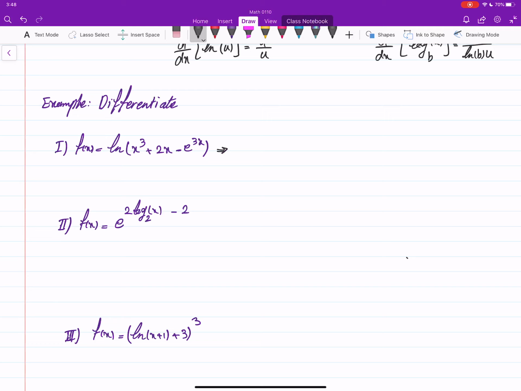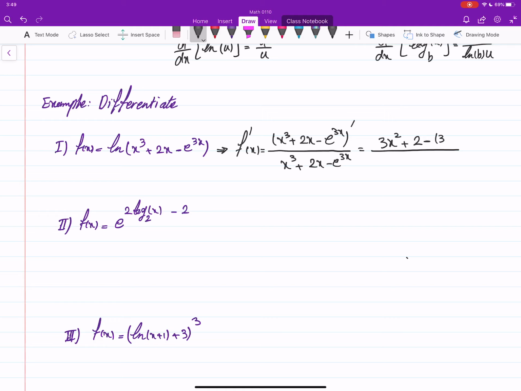Derivative of ln of a function. The rule says we have to find the derivative of that function over the function itself. Now the derivative in the numerator, we have to compute that. This is 3x squared. Derivative of x cubed is 3x squared, plus 2, minus the derivative of e to the power u, which is u prime.